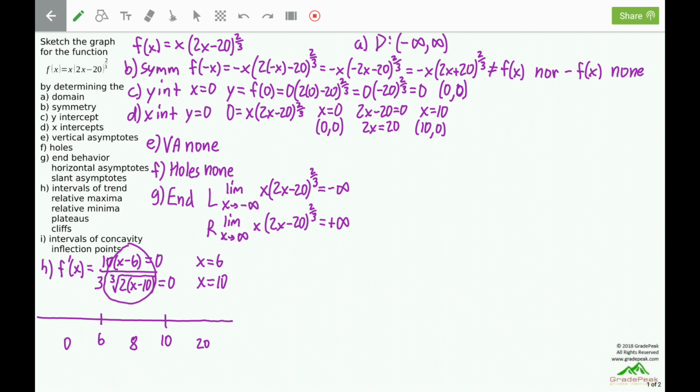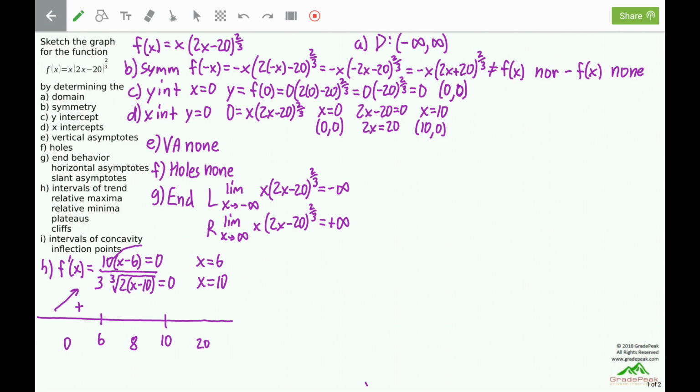Starting with the test value of 0, 0 minus 6 is a negative over 0 minus 10 is a negative times a 2 is still a negative, and the cube root of a negative is a negative. We have a negative over a negative, which is a positive, and the positive first derivative corresponds to an increasing trend.